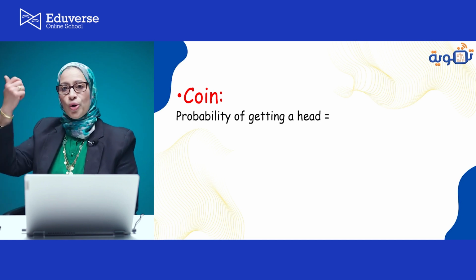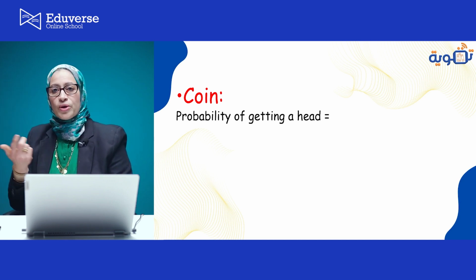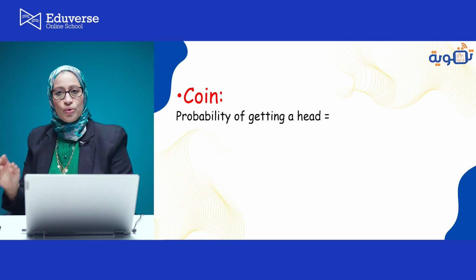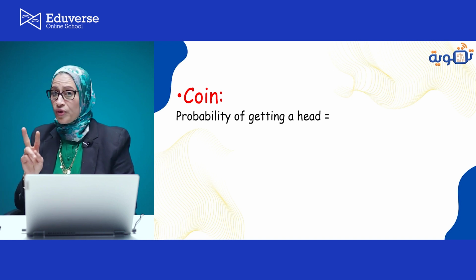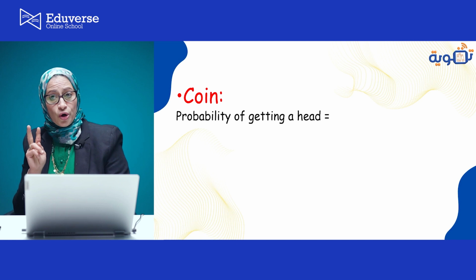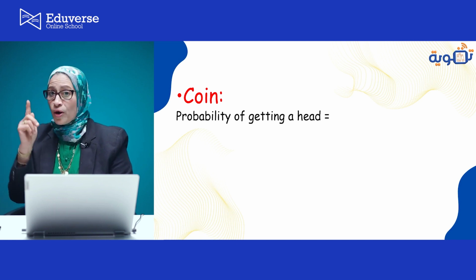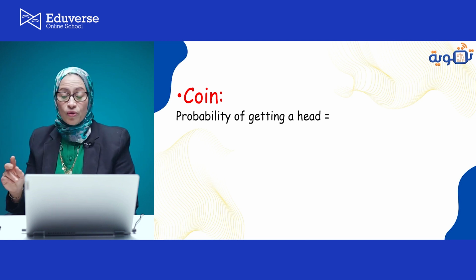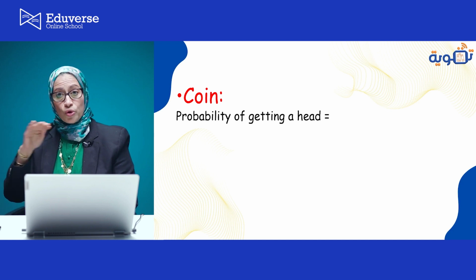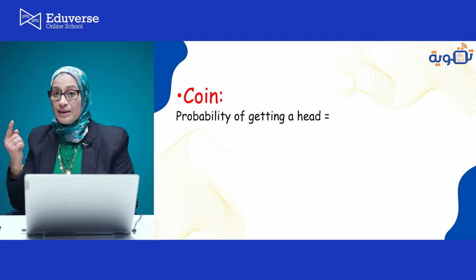Now let's make another experiment. What if I throw a coin? And what is the probability to get a head? Now we know before that a coin has 2 faces. So the sample space for the coin will be 2 because it has 1 head and 1 tail. So for head to appear on top of the coin, it means 1.